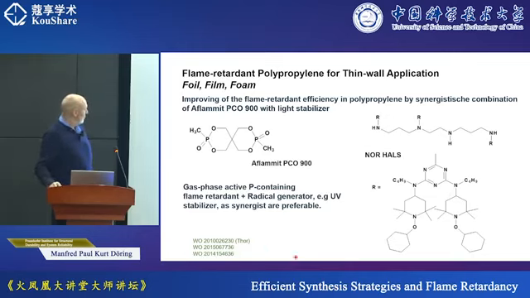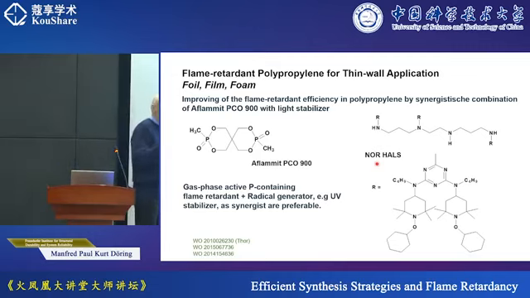And a group, this is an English company, Thor, figured out that this material produced by BASF and this one produced by themselves can form synergistic formulations, especially in thin applications. For example, polypropylene film or foils.